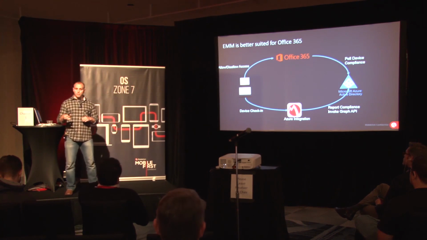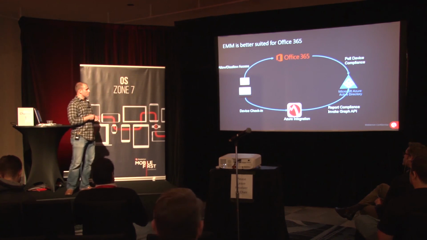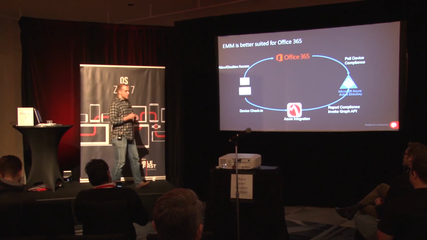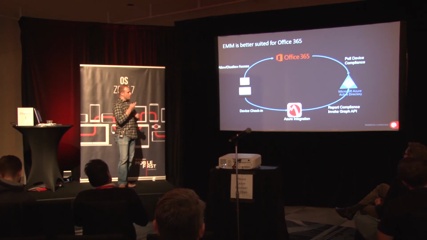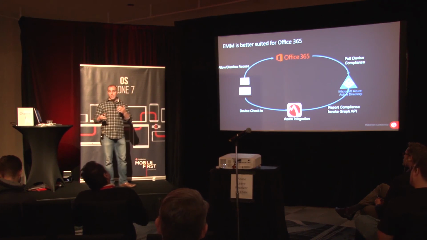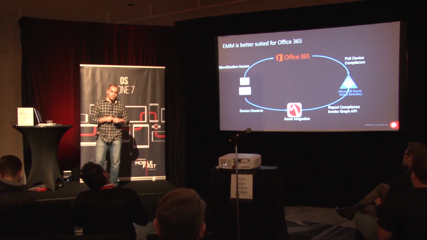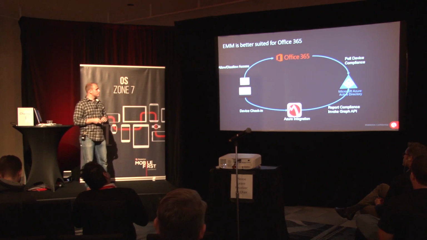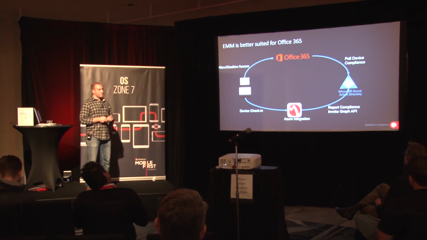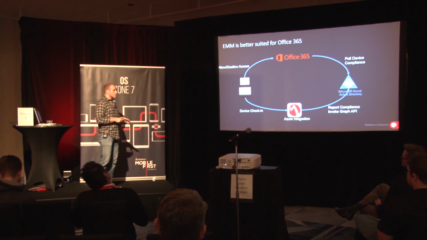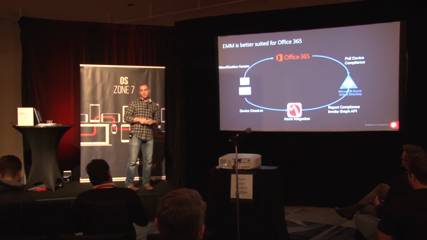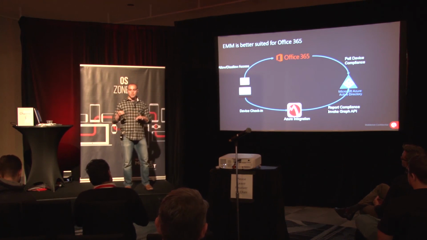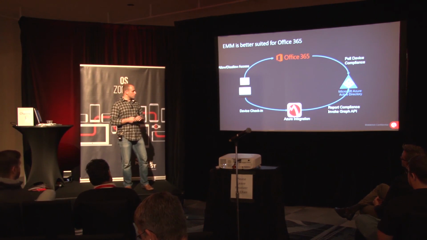And then when it reports that compliance to Azure Active Directory, it sees if I should have access or not. And if my device is not compliant, it's going to allow or disallow that access. So whether you're using GPOs or not, Azure Active Directory should be your look if you're moving to Office 365. And MobileIron makes it easier to just enroll into it.